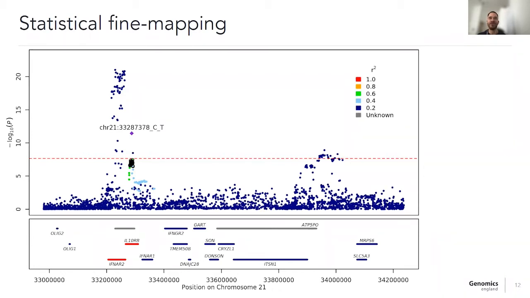This is something that is enabled by the whole genome sequencing that we have performed because of the density of the variants and because of the accurate assessment of linkage disequilibrium without noise between markers.